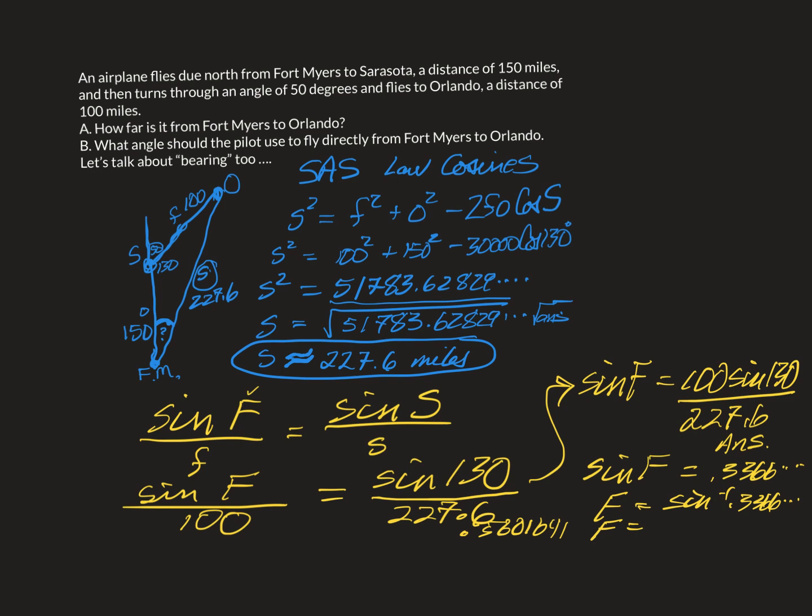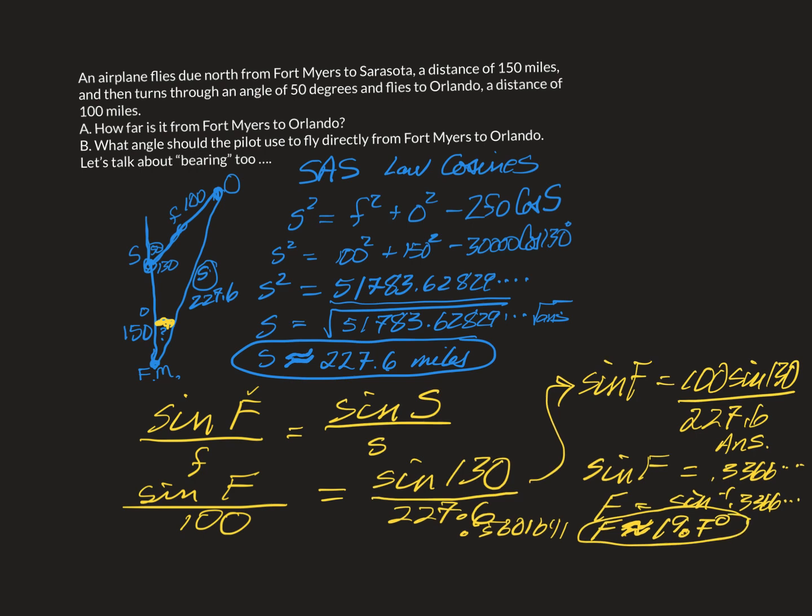And then, so we'll do second inverse sine of the answer, which was the 0.33. That was my last answer. And I end up getting 19.7 degrees. And I can round that off approximately. Okay, 19.7 degrees. And so that'll be this angle right here. And there's your two answers for this problem.